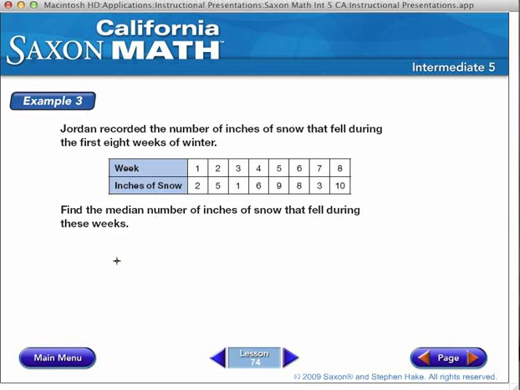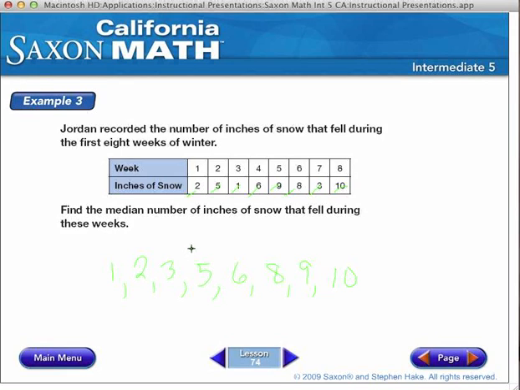So I'm going to start with 1, 2, I have a 3, no 4, but I do have a 5, 6, and then 8, 9, 10. Now, I only have 8 data points here. 1, 2, 3, 4, 1, 2, 3, 4.